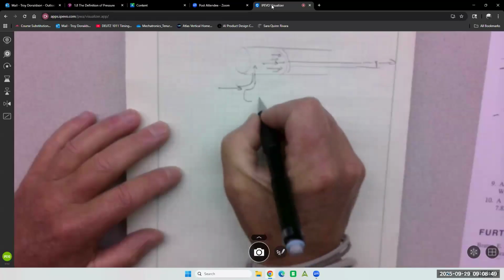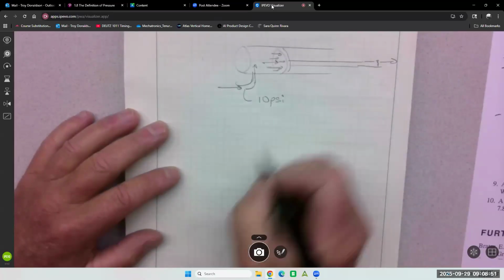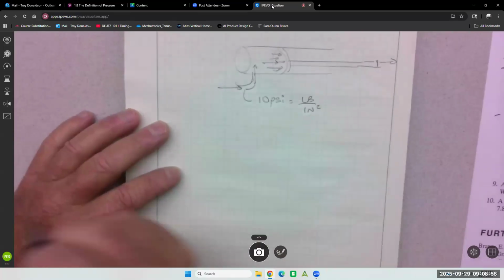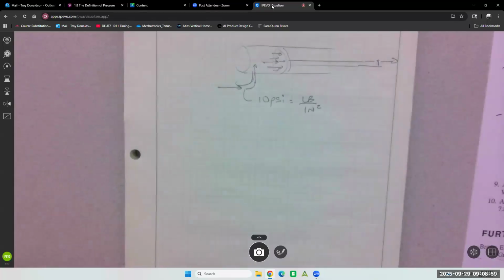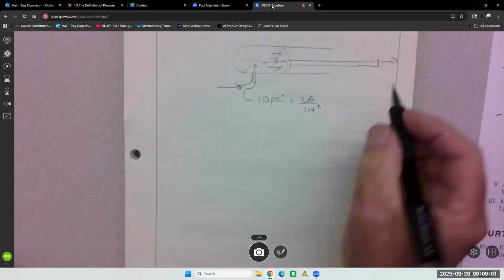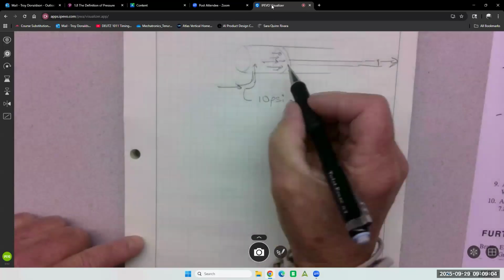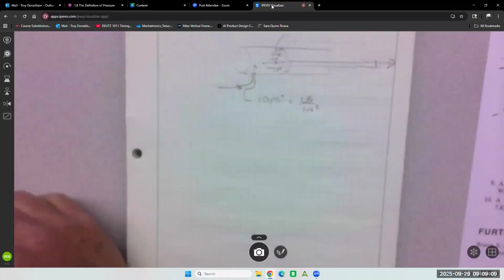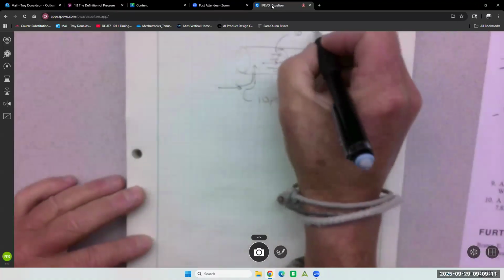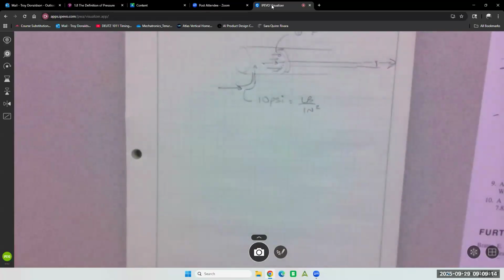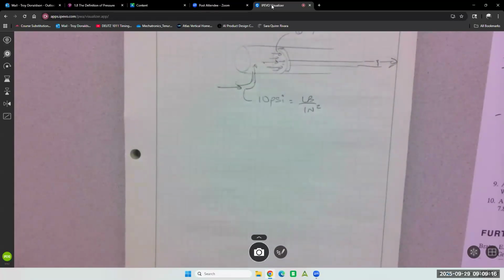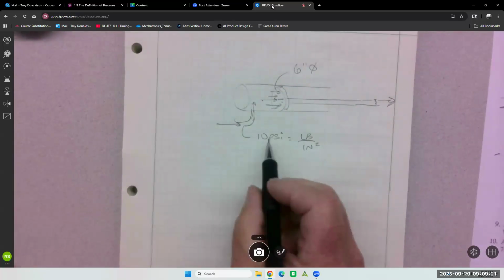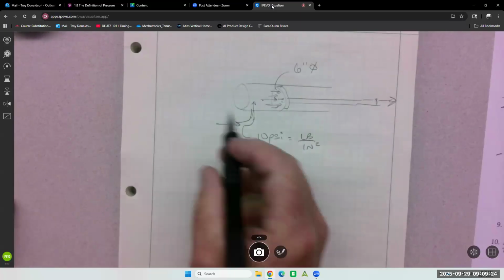So if I go in with 10 PSI, that is pounds per inch squared, I can figure out how much load I can move if I know the size of my piston. We're going to make this piston pretty big, a 6-inch diameter. So we're going in with 10 PSI fluid, and that's coming from a pump.